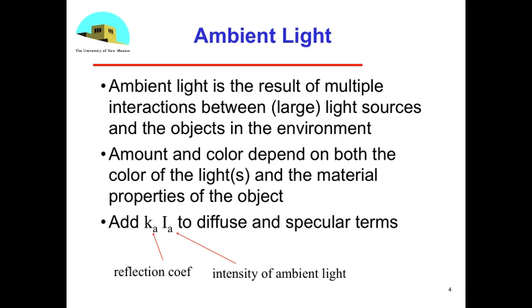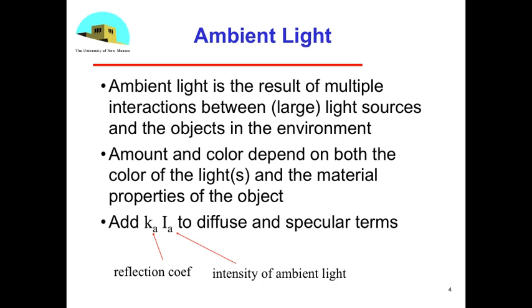One we can call a reflection component, Ka, which is the reflectivity of the room or environment as a whole, which will have a red, green, and blue component. It's important to interpret all of these terms that I'm going to talk about: instead of writing them as the red component, the green component, the blue component, I'm just going to write them down once, with the understanding that every time we do that, we really are going to do it 3 times individually for the 3 red, green, and blue components of the lighting.